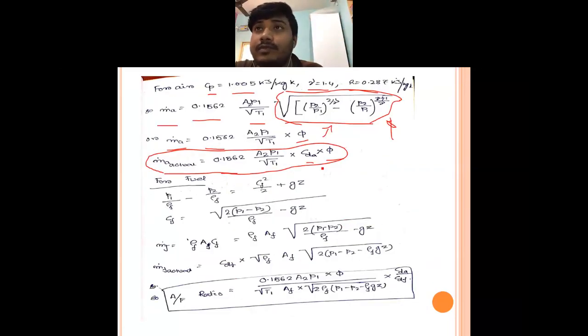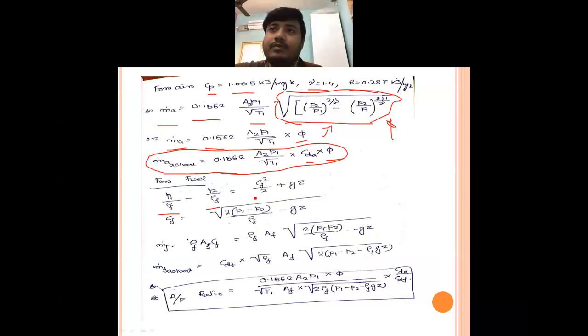Okay, so if we put all these things, we will get like this: p1 by rho f minus p2 by rho f is equal to cf square. मतलब cf square है the velocity of the fuel at the tip of the nozzle, because we are considering the tip of the nozzle and the two portion.